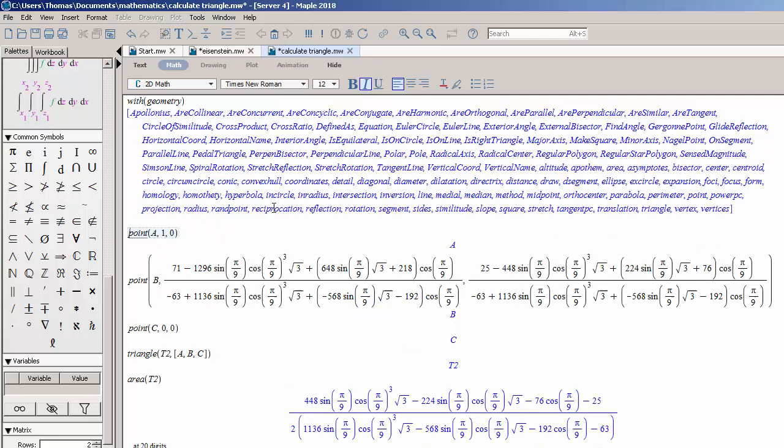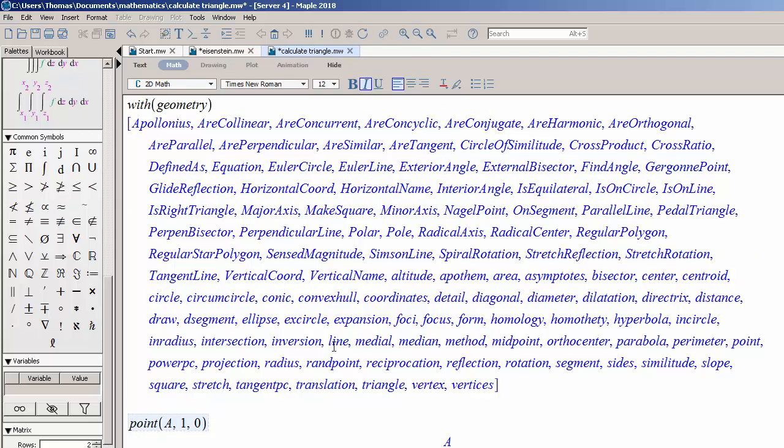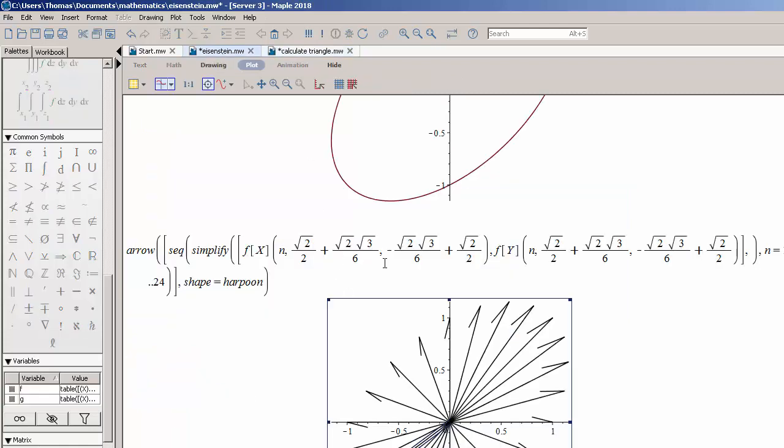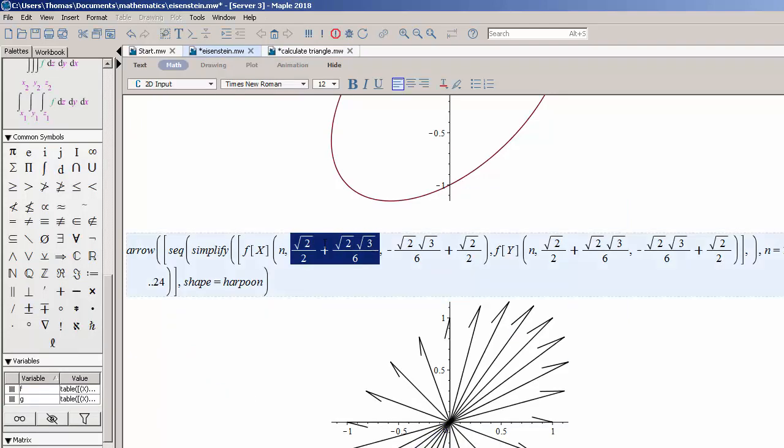So we need the geometry, and we need to make this bigger so you can see what's going on. Alright, so we need a point at 1, 0 for starters. We need a point at 0, 0 for starters. And now we need to decide what B is going to be. B will be this first one, this first vector.